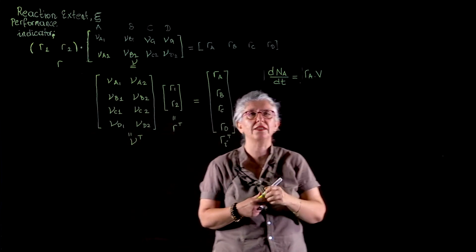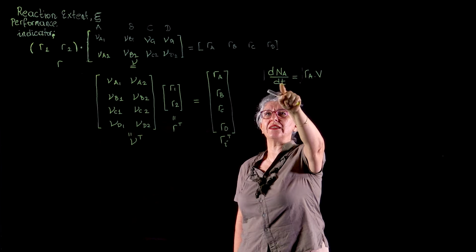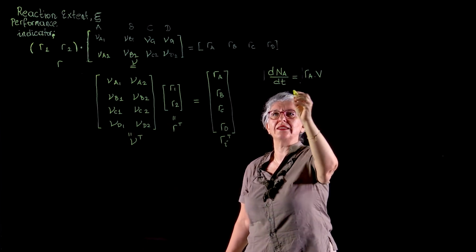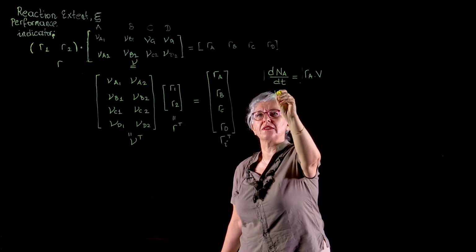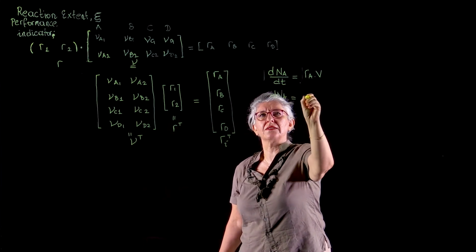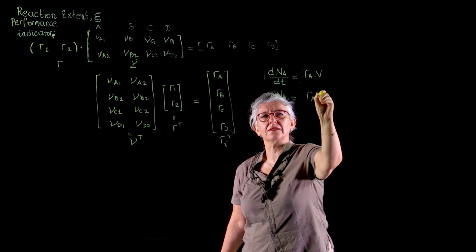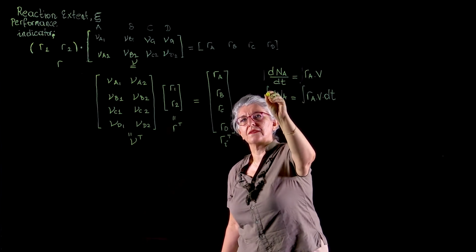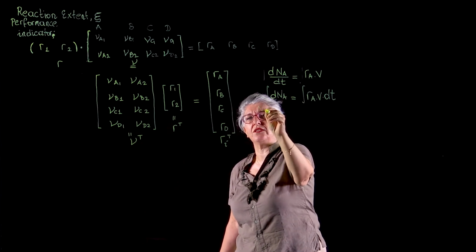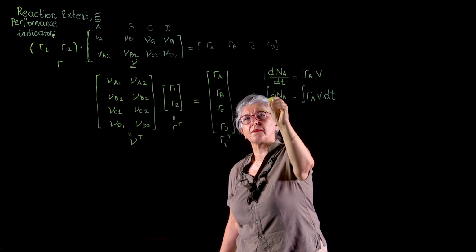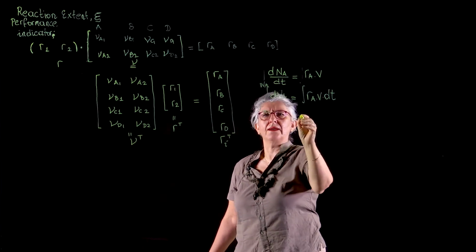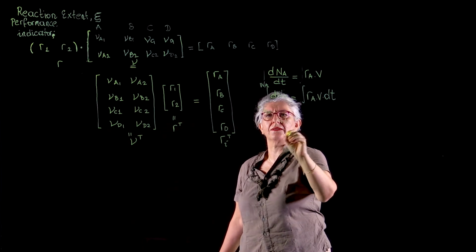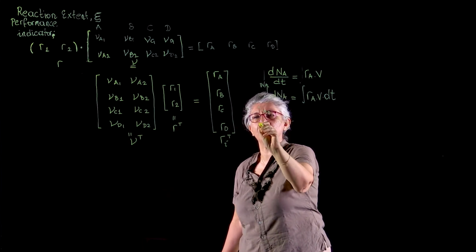Here is our design equation for a batch reactor. dNA over dt is equal to Ra times V, and I'm going to integrate this expression between the initial and final states, giving Na minus Na0.